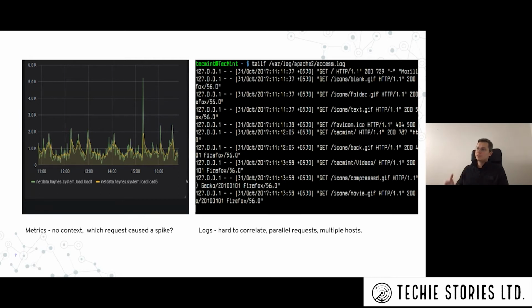If we want to understand logs, we have to correlate the logs for a single request to be able to understand them. And then when we are talking about distributed systems, we have to correlate logs across different systems, which is even more complicated. The second problem with logs is that there is no data standardization.